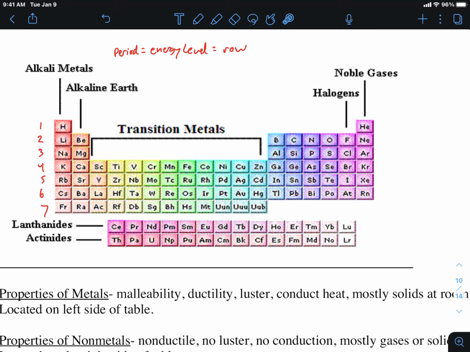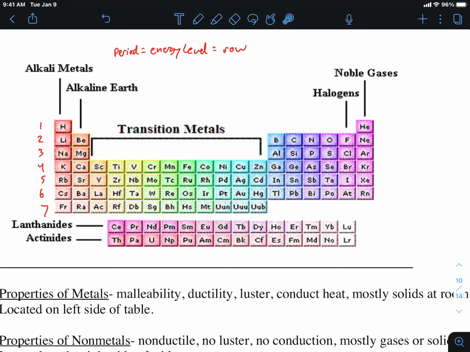If I continue to the next period, that brings me to sodium, which is element number 11. And here's what sodium does. Reacts a lot with water. Magnesium reacts somewhat with water. Aluminum, nothing. Silicon, nothing. Phosphorus starts to. Sulfur does a little bit more. Chlorine really does, but then argon does nothing at all.